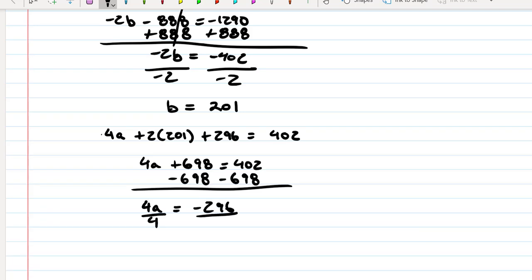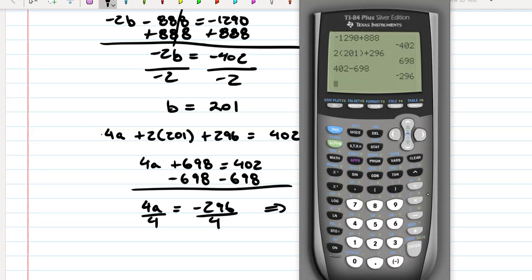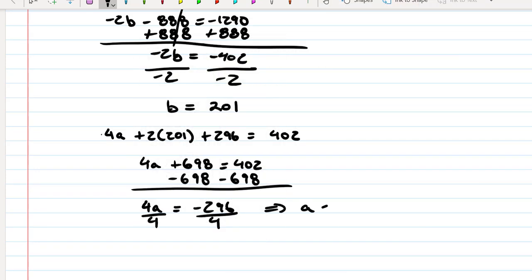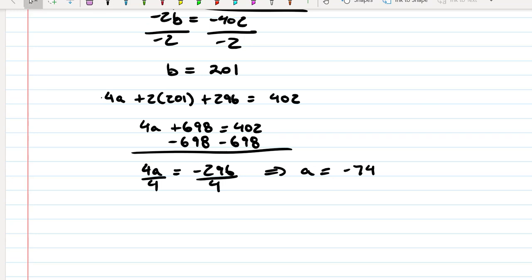Divide by 4, and that gives me a is equal to negative 74. So that gives me a equals negative 74, b is 201, and c was 296.